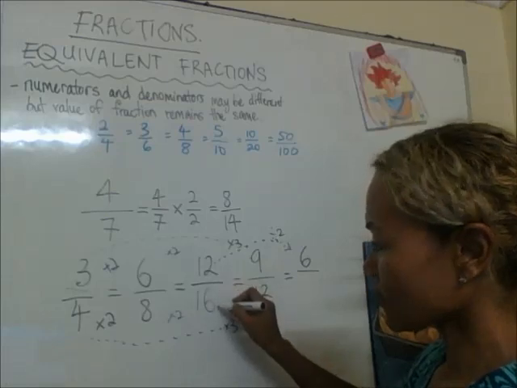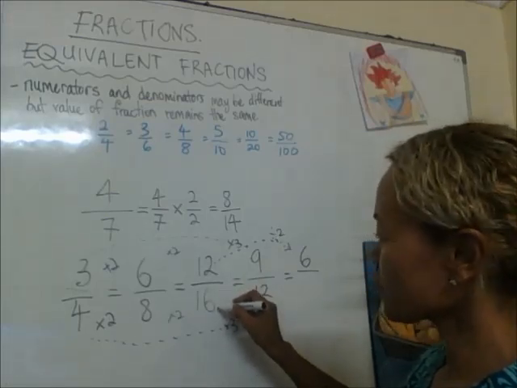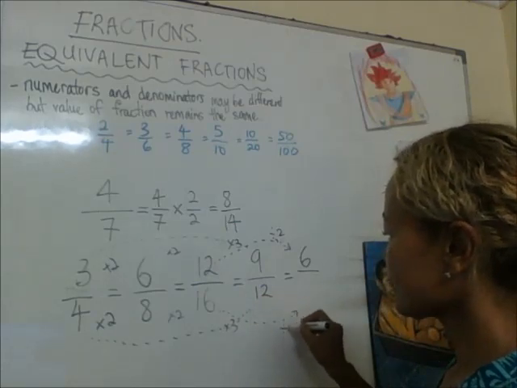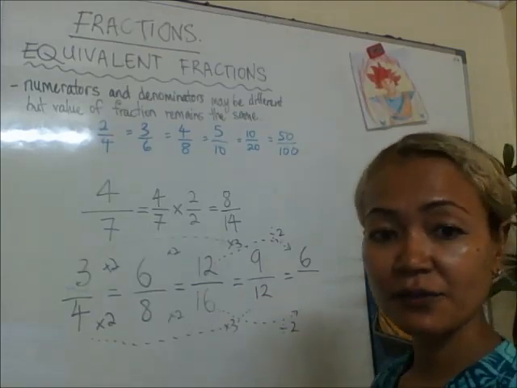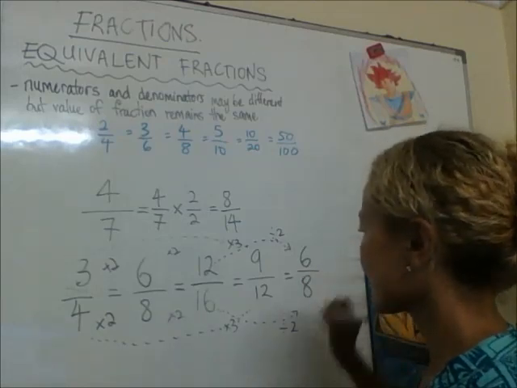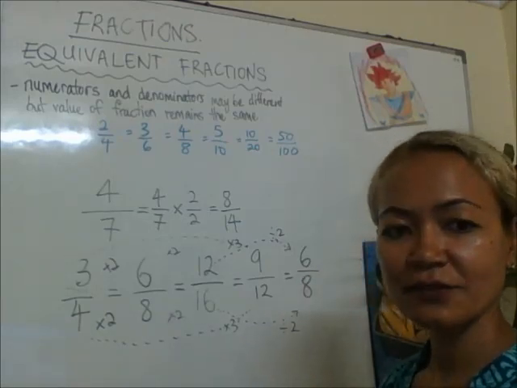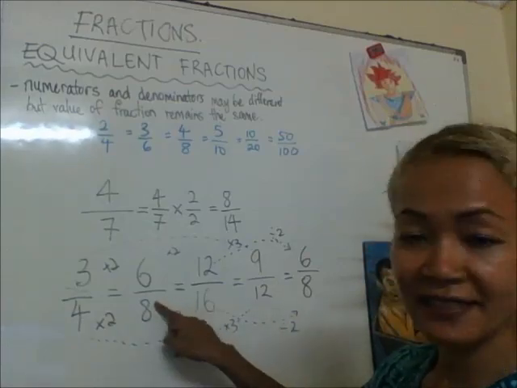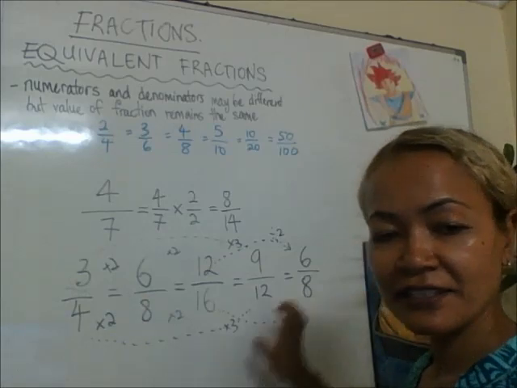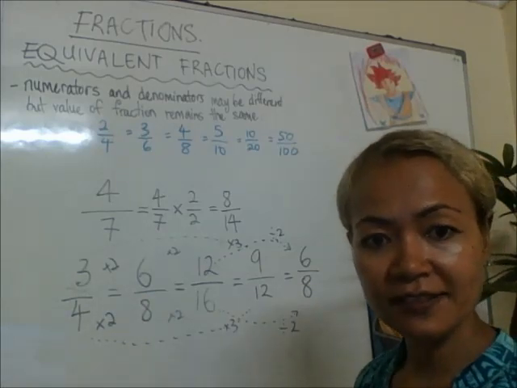So the bottom, the denominator of that same fraction, where the 12 is on top, we take the 16, divide by 2. 16 divided by 2 is 8. So 6 over 8. We're returning again to the 6 over 8. But I'm just showing you the interrelationship between equivalent fractions.